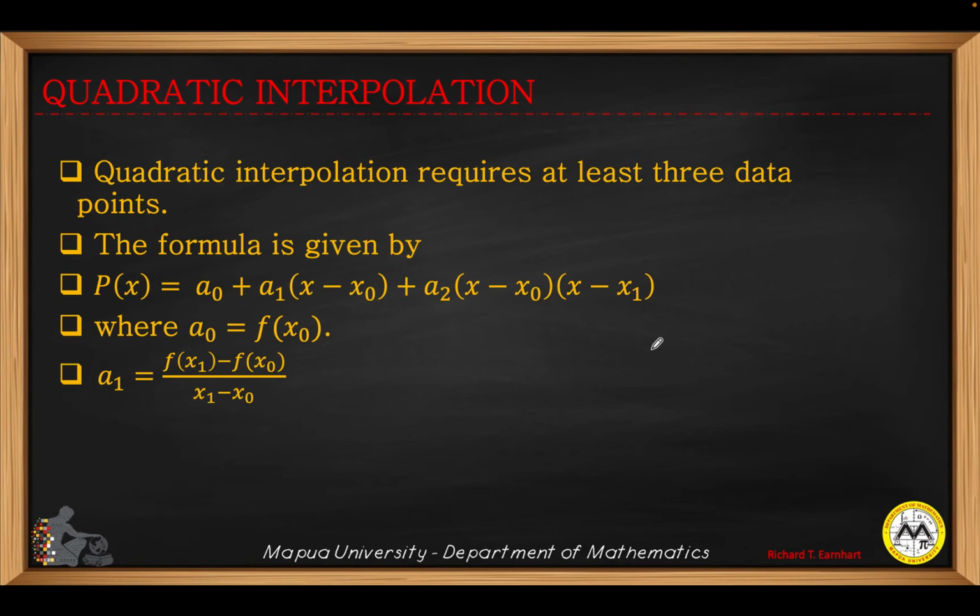And a sub 1 is equal to f of x sub 1 minus f of x sub 0, divided by x sub 1 minus x sub 0. And this is how you will get your a sub 2. So we'll be needing f of x sub 2 and f of x sub 1.